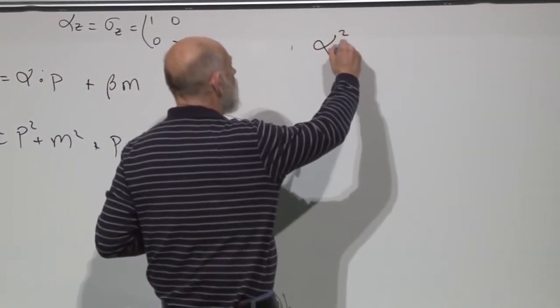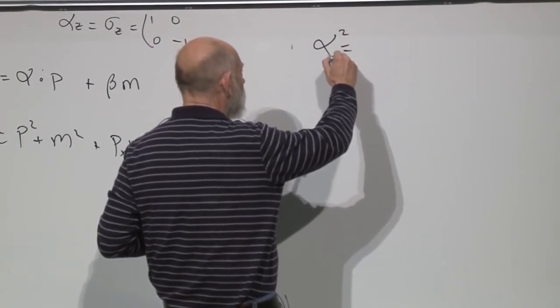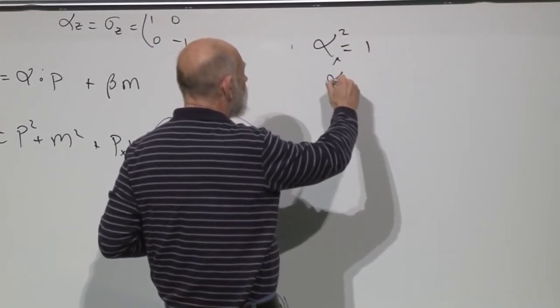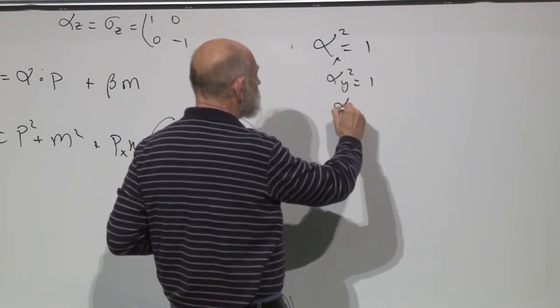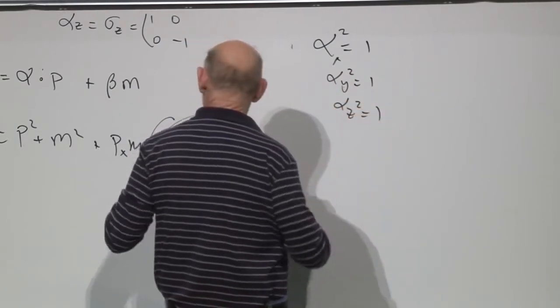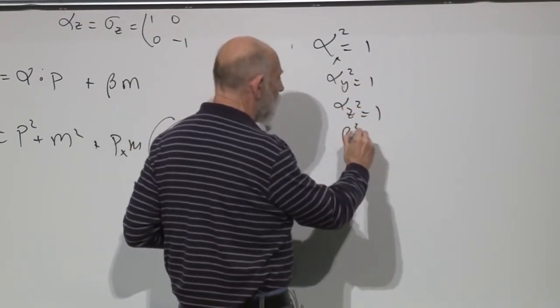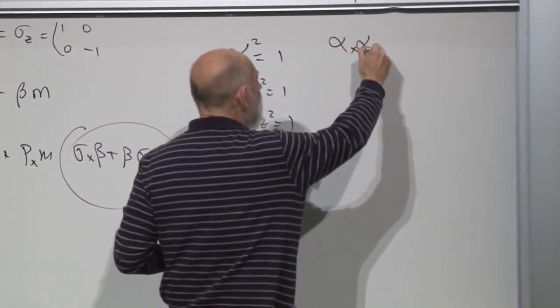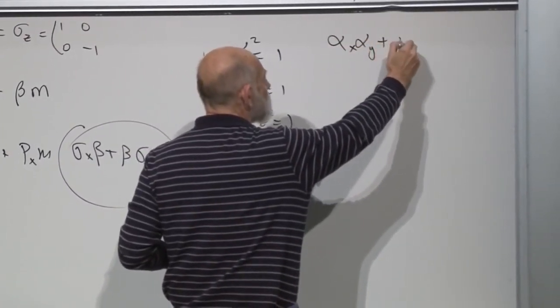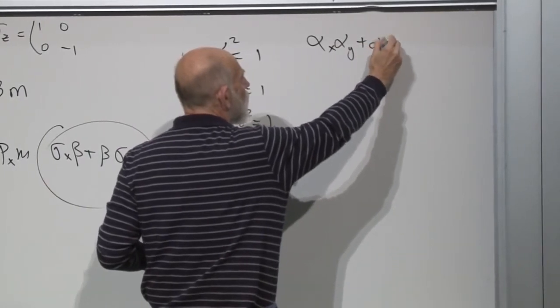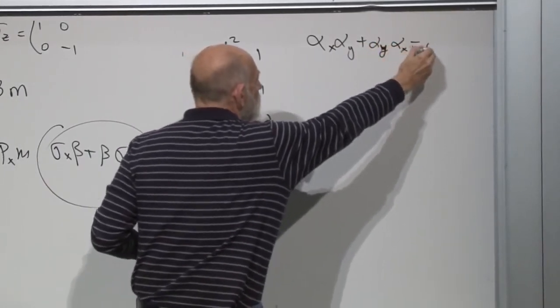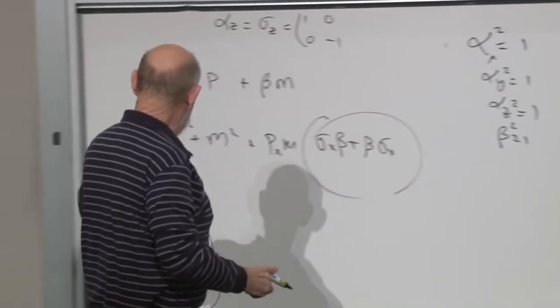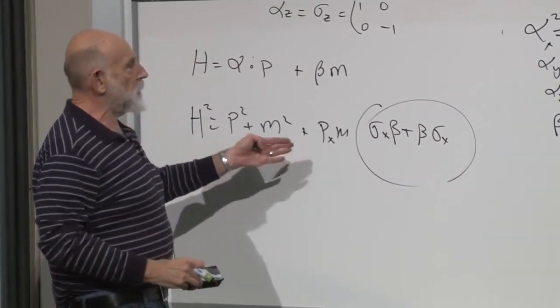Alpha squared equals 1: alpha x squared equals 1, alpha y squared equals 1, alpha z squared equals 1. We better also have beta squared equals 1. But then we also have to have alpha x alpha y plus alpha y alpha x equals 0. That's to make sure that when we square this, there's no term with p_x times p_y.